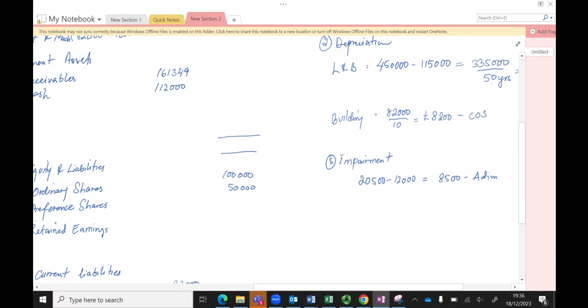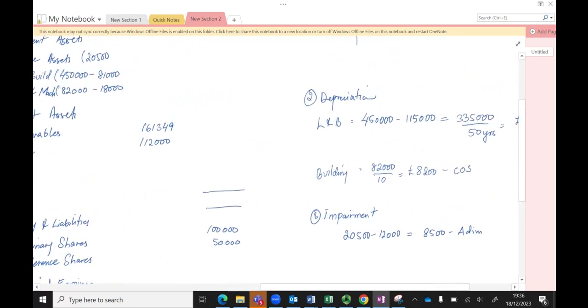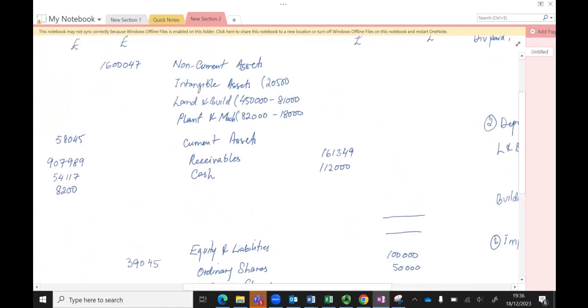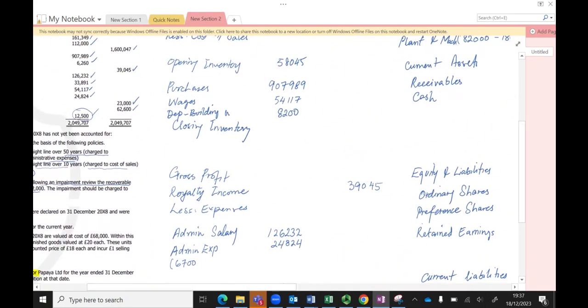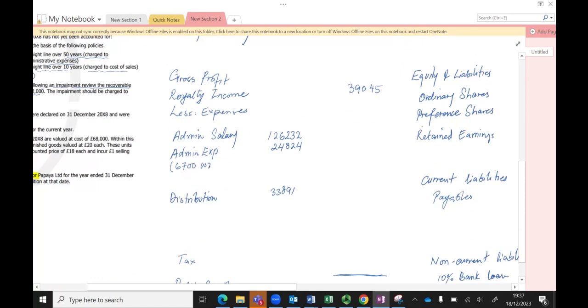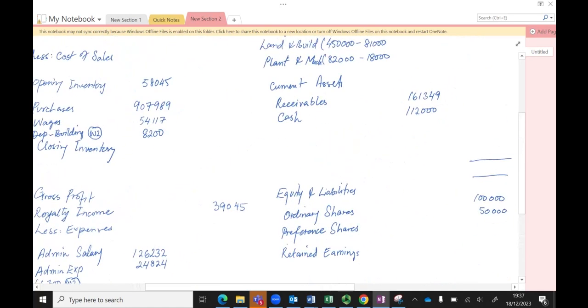By the way, I should have mentioned the notes. So the note for the depreciation is note number 2. I should write working number 2 over here.